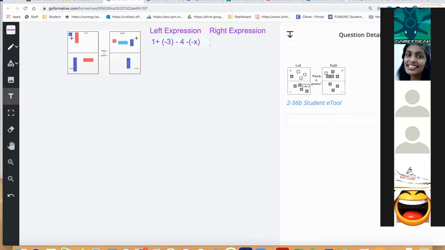And then on the right, what do I see? Go ahead in the chat, write down, what is my expression on the right? In the chat, write out, what is my expression on the right? Do I need to zoom it in?